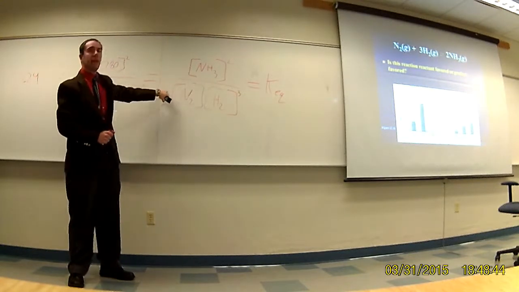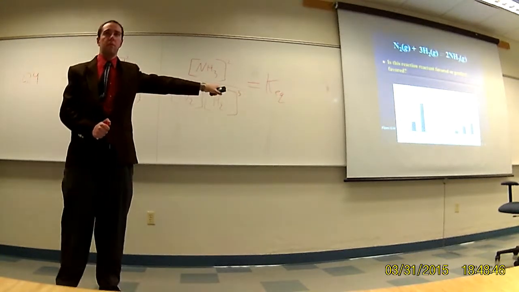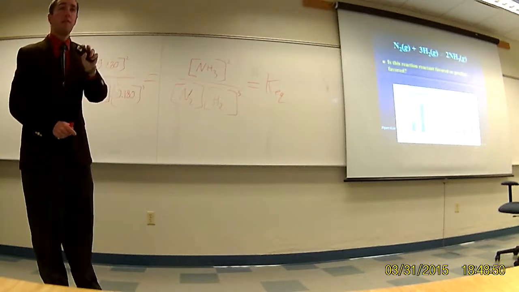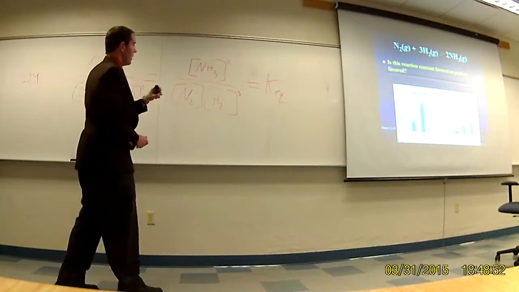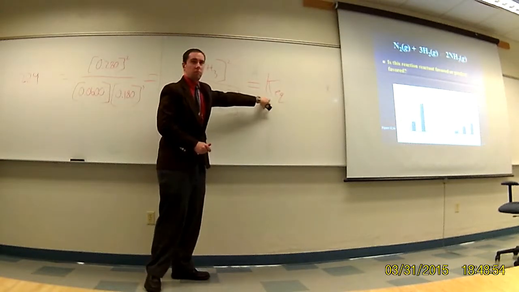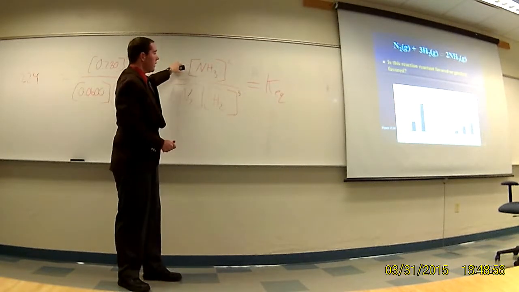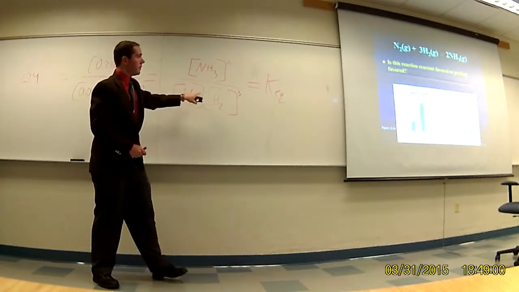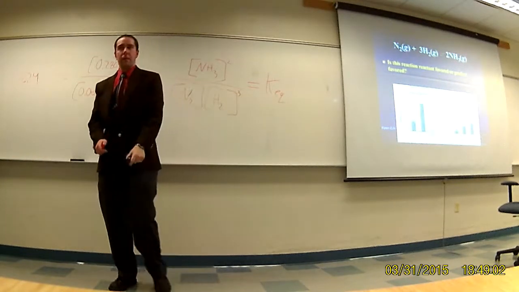If the top and the bottom are the same, what is K? Exactly 1. So we have 3 different possibilities. If they're equal, K is 1. If it favors the products, K is more than 1. If it favors reactants, it's less than 1.